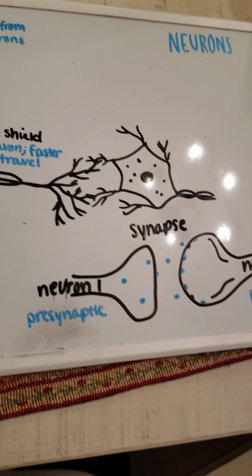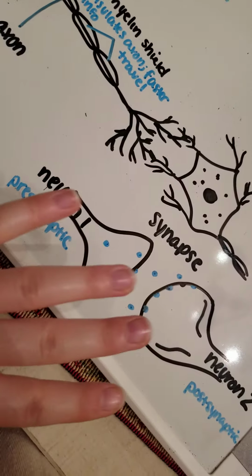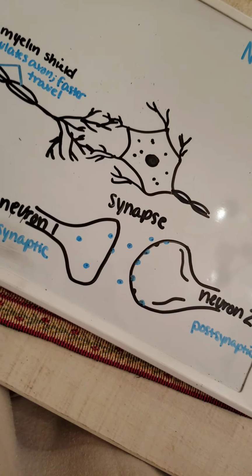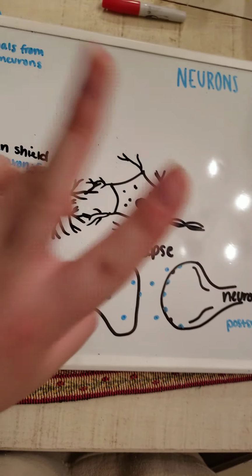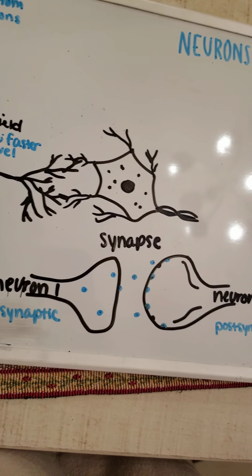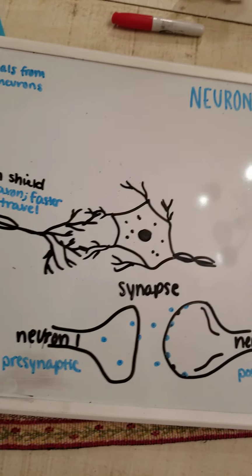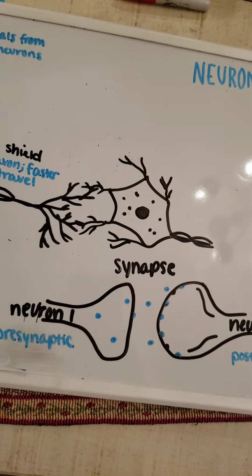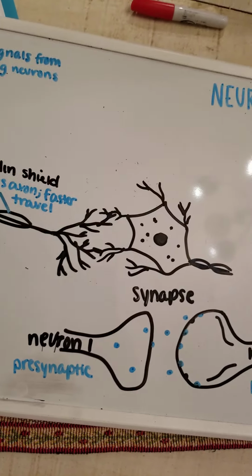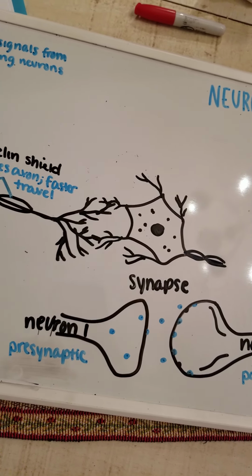All right. So, this is a close-up of the process that occurs during the synapse, which is the connection. Synapse is the connection. The cleft is the space. Okay.